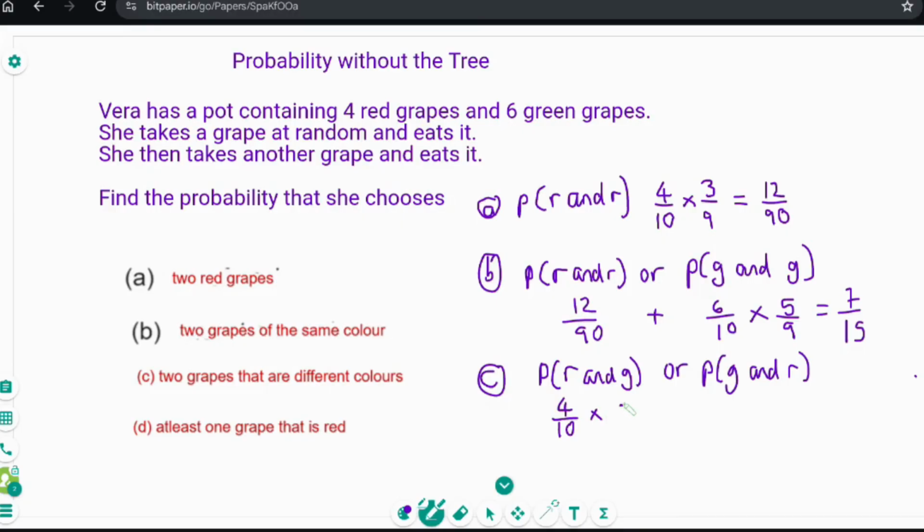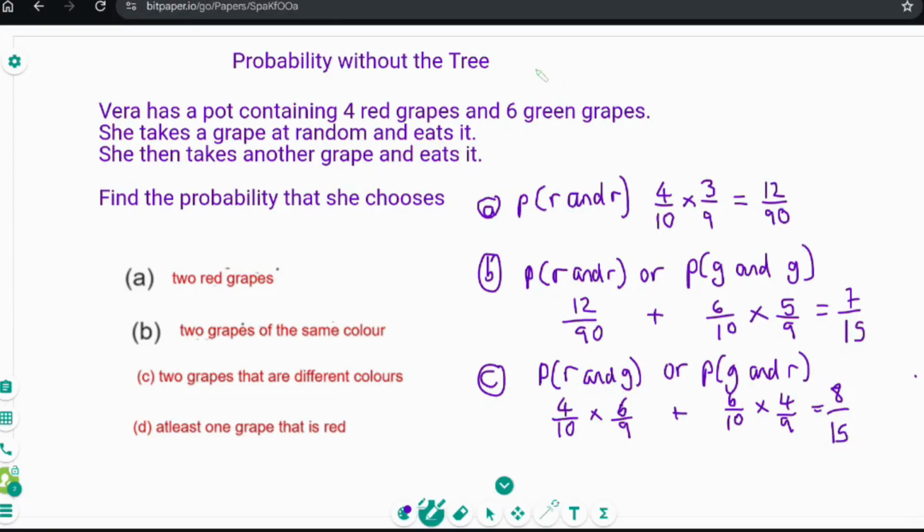That doesn't affect the green, so it's 6, but it affects the total over 9. Green and red, the green, 6 out of 10. Red doesn't affect the amount of reds. We've eaten a green, but it does affect the total. Eight of 15.